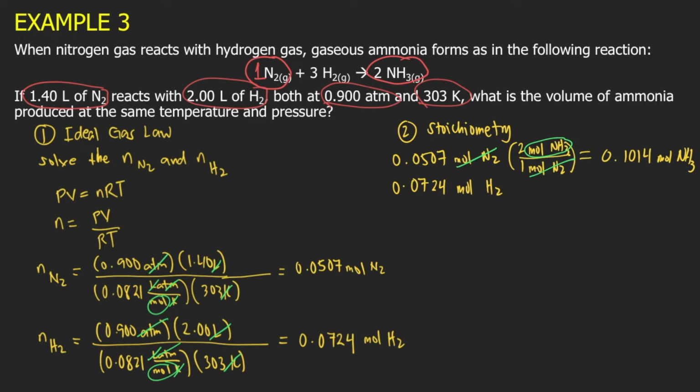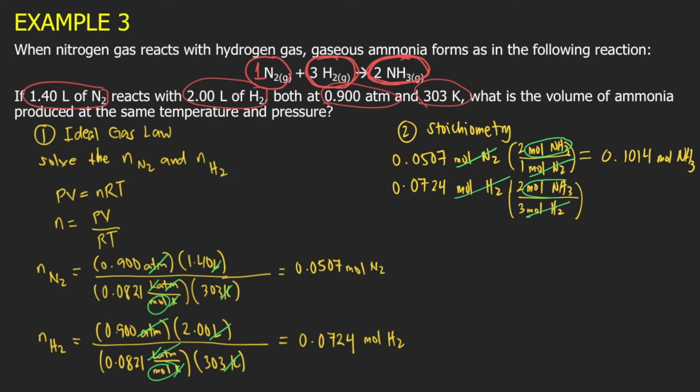And then let's move on to the second reactant. According to the balanced equation, the relationship of H2 and the product is 3 moles of H2 gives 2 moles of the product. So 3 moles of H2, 2 moles of NH3. So the moles of H2 will cancel out.